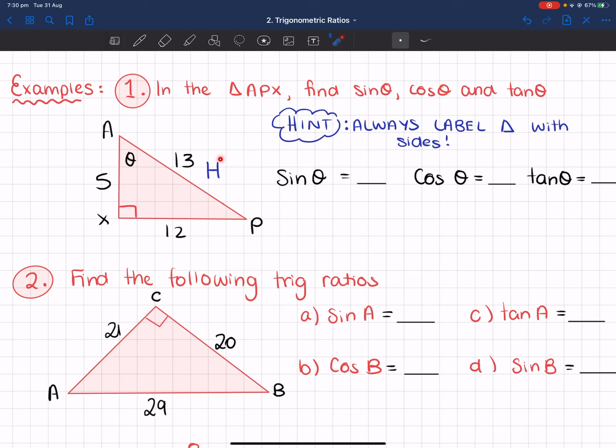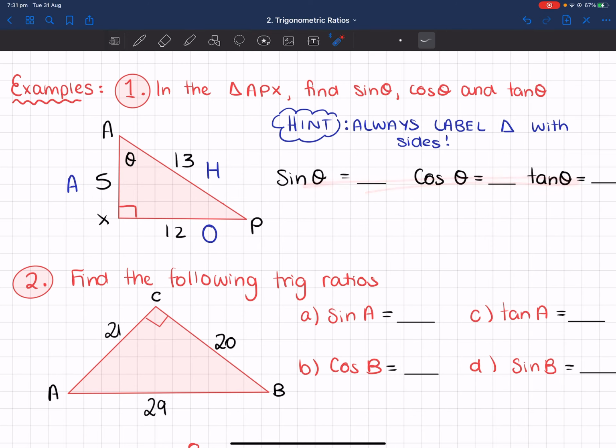The opposite is always opposite the angle that's given to you, so the 12 is our opposite side. And that means the side next to it, the 5, is our adjacent side.